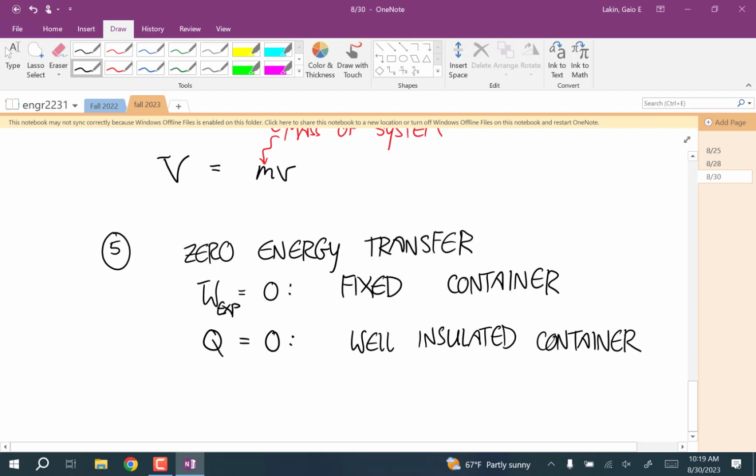Sometimes also, later on we'll see cases where if things happen fast enough, no matter how poorly insulated the container is, there's not enough time for much heat transfer. But for now, just think of insulated. So if a problem says something about insulated, remember that Q is 0. Okay?